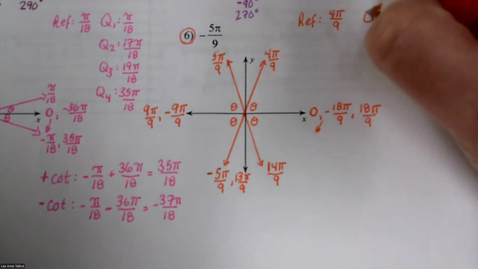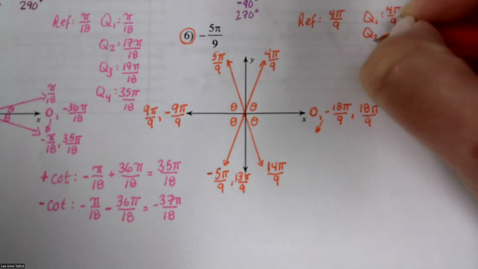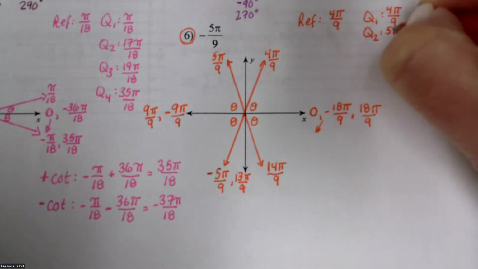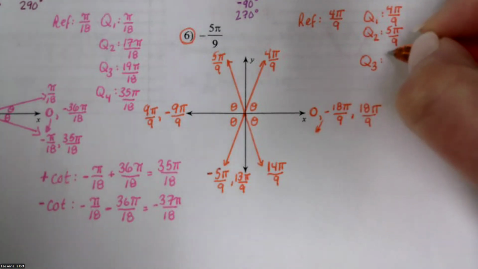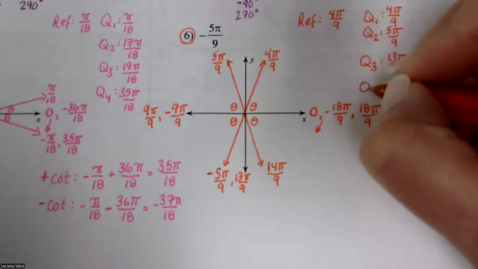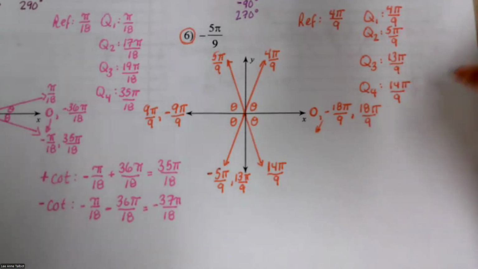Okay, so quadrant 1 is 4 pi over 9. Quadrant 2, 5 pi over 9. Quadrant 3, 13 pi over 9. Quadrant 4, 14 pi over 9.